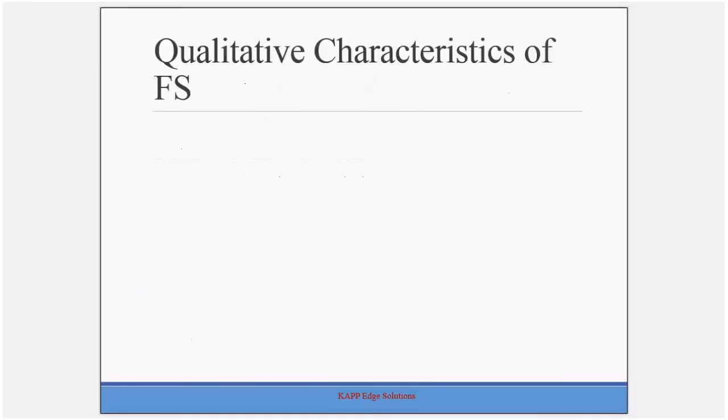And then comes the qualitative characteristics of financial statements. As we have discussed so much about financial statements and we understand the importance of it, it is important to understand what makes financial statements useful. The first, it has to be adequate.